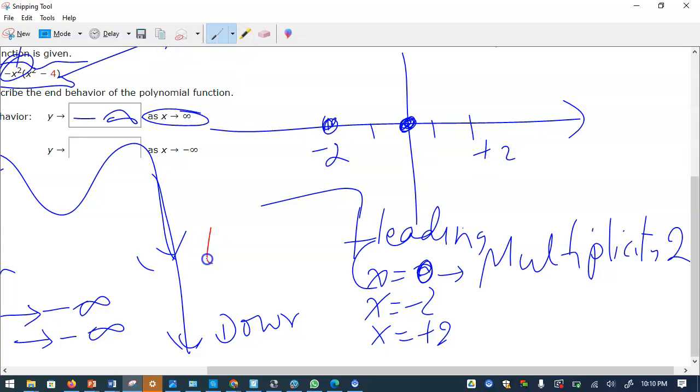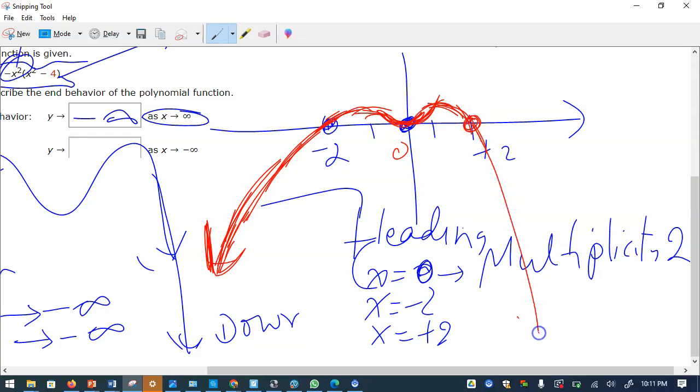So somewhere here it starts, let's say this is down, so I'll start with the arrow, and then you see if it goes through this, okay, it goes through, and maybe it has to take a turn here because the multiplicity here is 2, so this is 0, so it takes a turn. That's the important part. And then again it has to cross this 0 and then goes down. So this is how the graph should be.